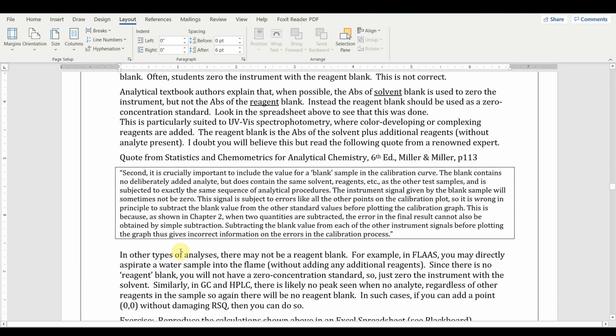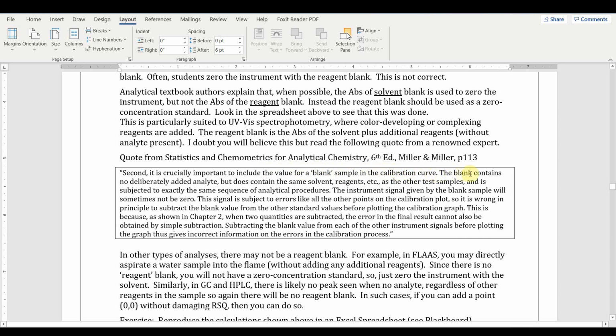I doubt that you'll believe this, but read the following quote from a renowned expert, one of many. This is from Miller and Miller, Statistics and Chemometrics for Analytical Chemistry. "It is critically important to include the value of a blank sample in the calibration curve.